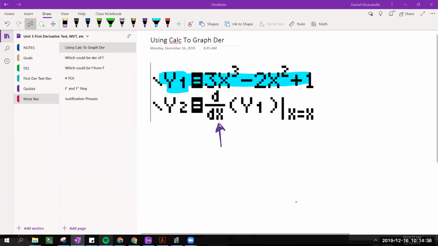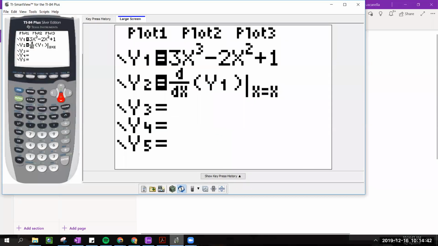So this piece right here, d/dx, you're going to hit math 8. Well, I'm trying to add this to my calculator too.